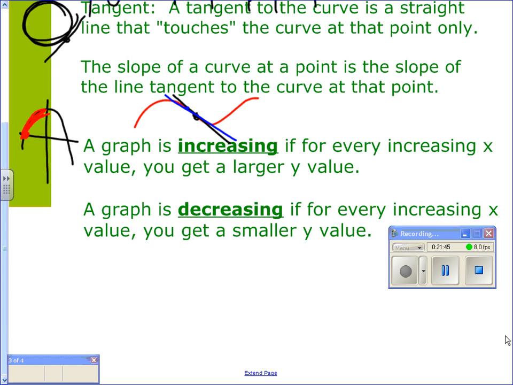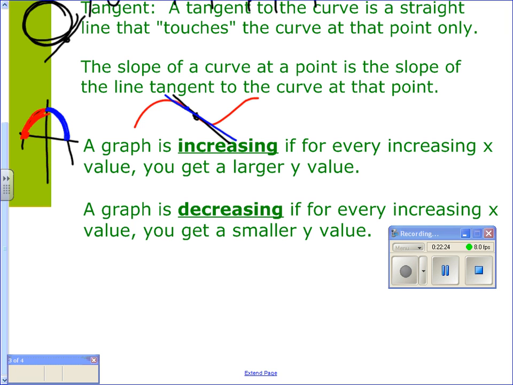The graph is decreasing if for every increasing x value, you get a smaller y value. This blue part of my graph, what is it?